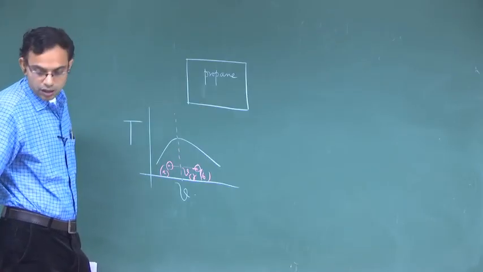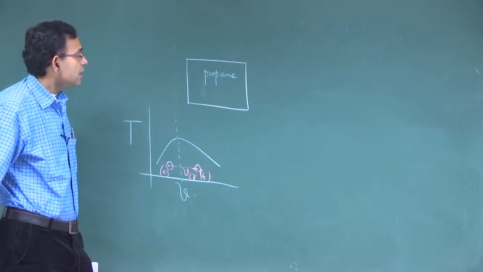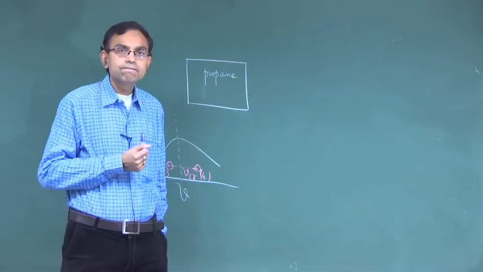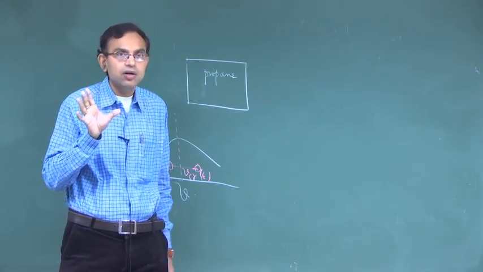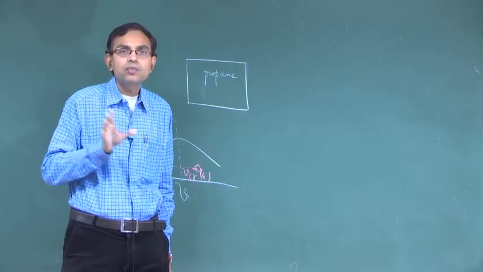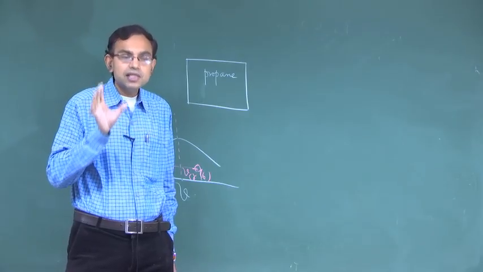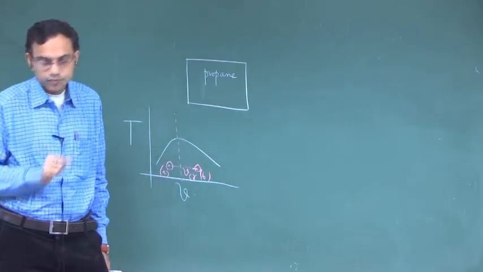Now, if you are heating the propane in the closed tank, what is remaining constant? Total volume is remaining constant and mass also is remaining constant. Because of that, the specific volume, which is volume per unit mass, is also remaining constant.